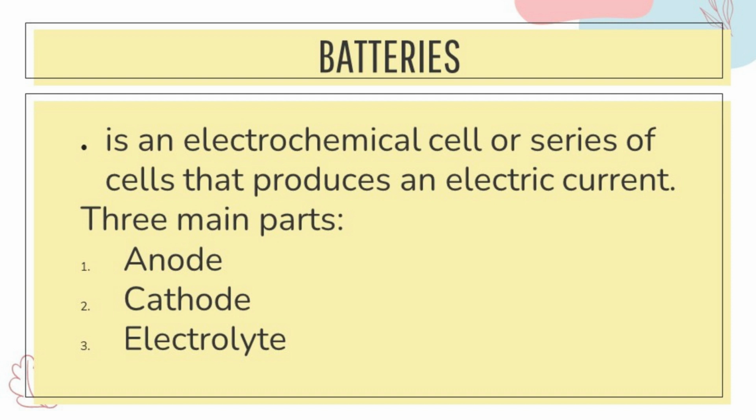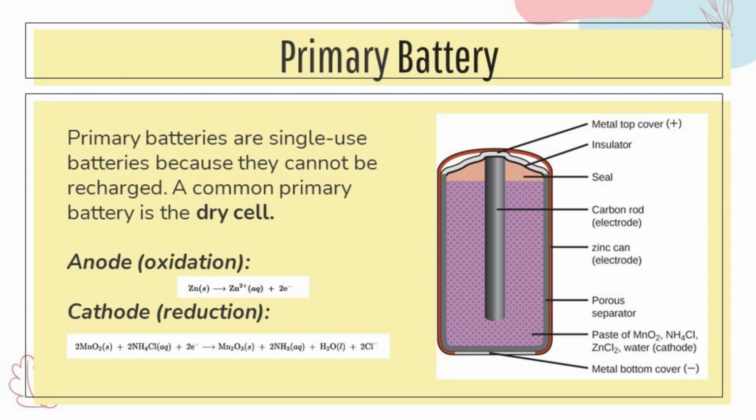Under primary battery, we have here the dry cell, the alkaline battery, and then we also have here the button or disc battery. Okay, so for the primary battery, we have here the dry cell nga. Okay, so dry cell is also known as a zinc carbon battery. Okay, so meaning to say we have here the interaction between zinc and carbon molecules.